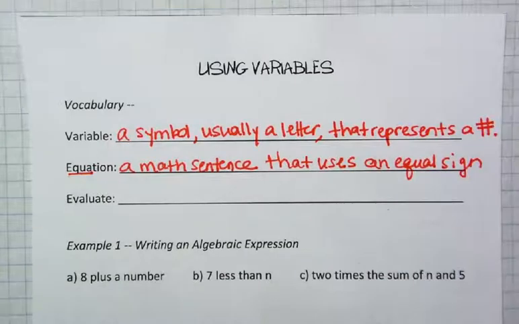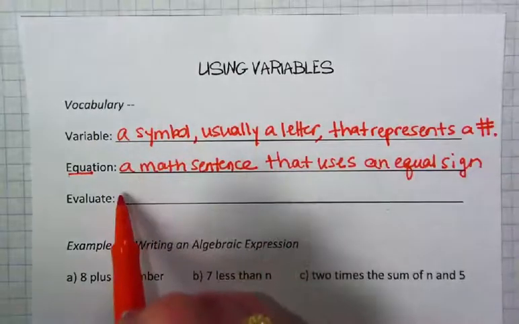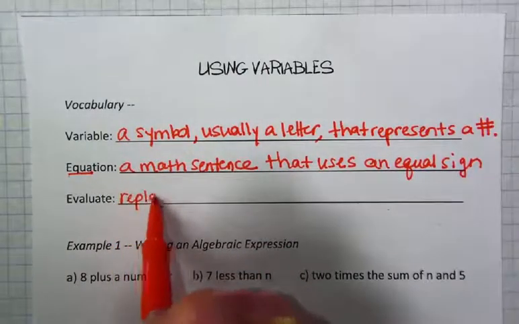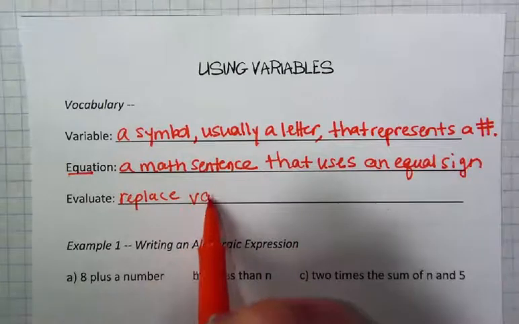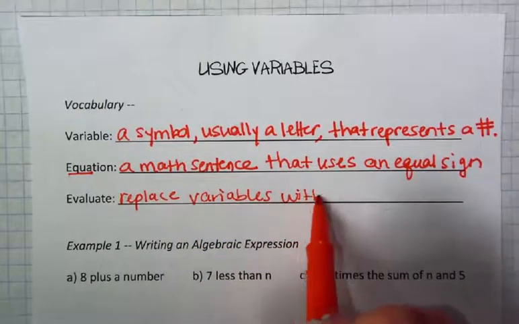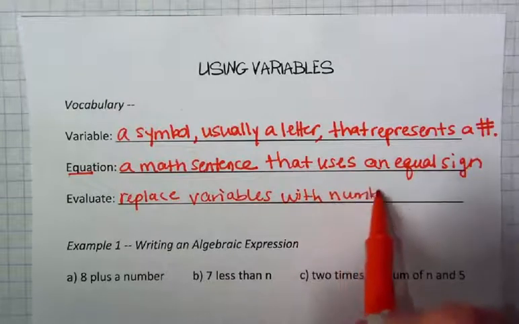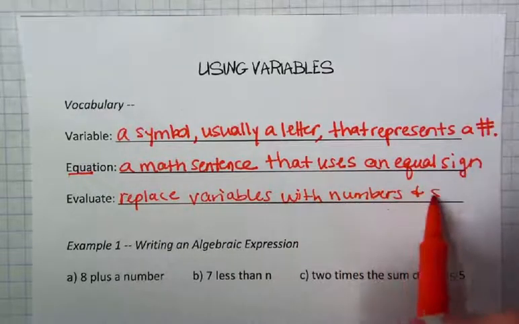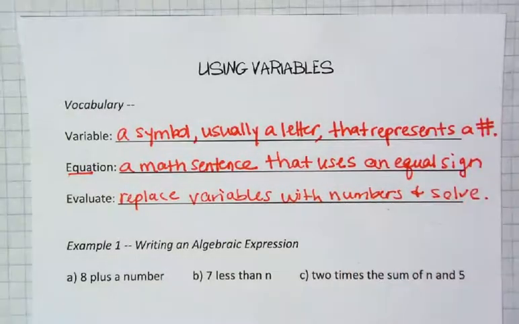So equation means that there is an equal sign there. And when it tells you to evaluate, it wants you to replace the variables with numbers and solve.